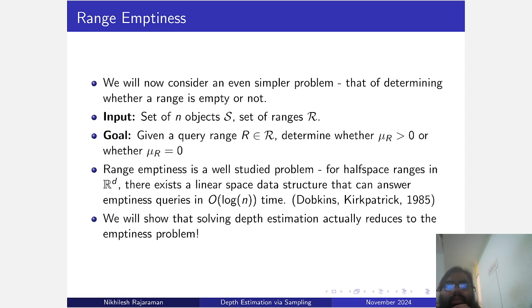And this reduction from depth estimation to emptiness very crucially uses randomness and sampling. So in the next video, we're going to be picking up from here, and we'll see how we can use range emptiness queries to solve this depth estimation problem as well. And that's it for now.